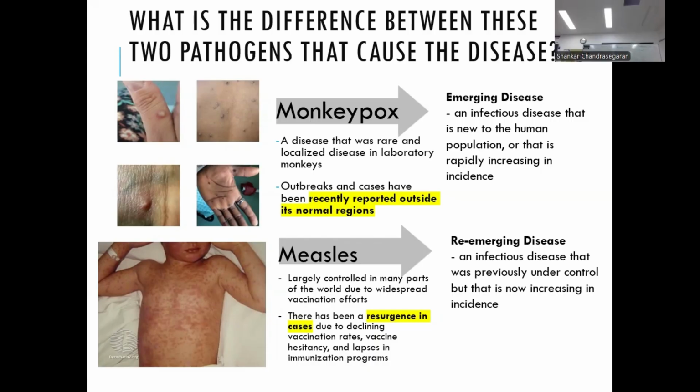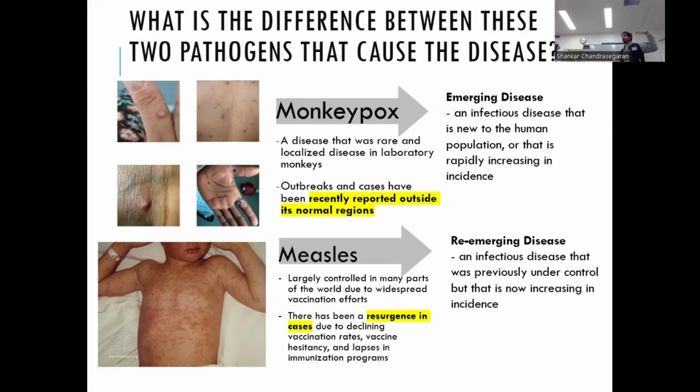But recently, there have been more outbreaks and cases reported outside its normal regions, right? That's the keyword here. Recently reported outside its normal regions in multiple different locations. That means that this is an emerging disease. It is an infectious disease that is new to the population and is rapidly increasing in incidence. It's basically popping up in more places.